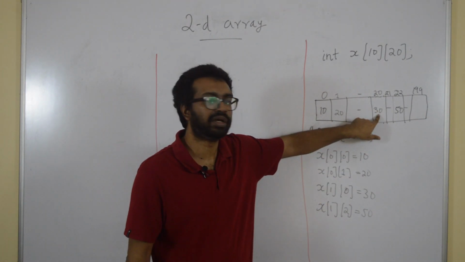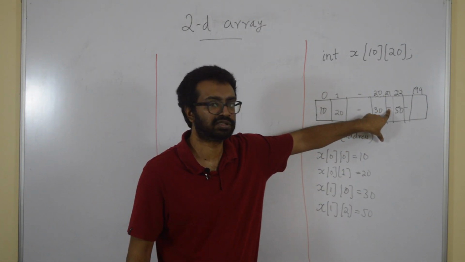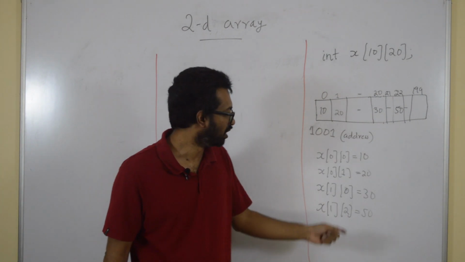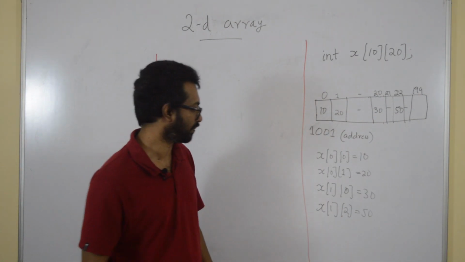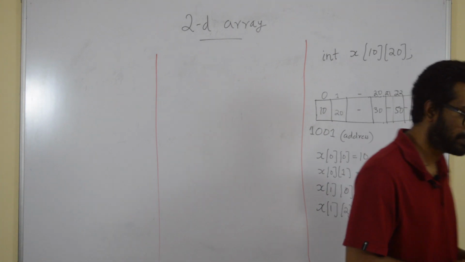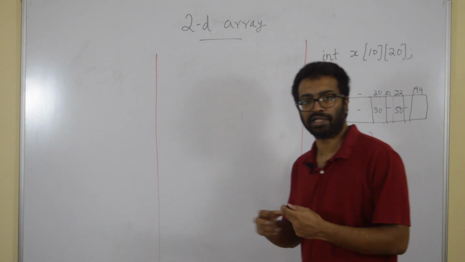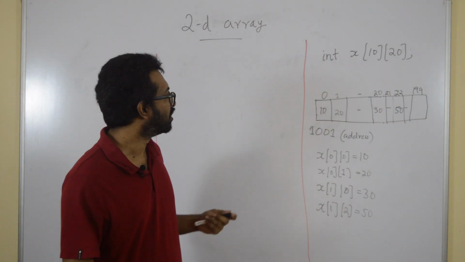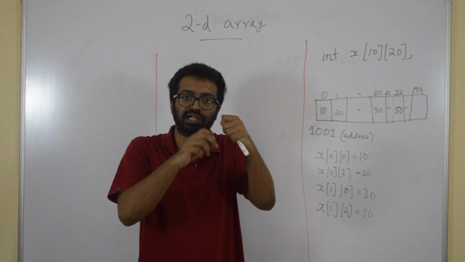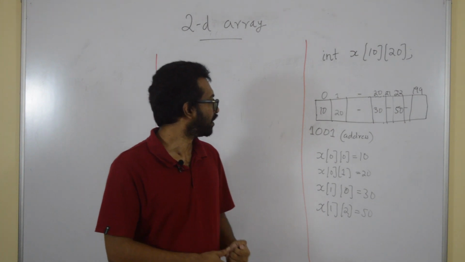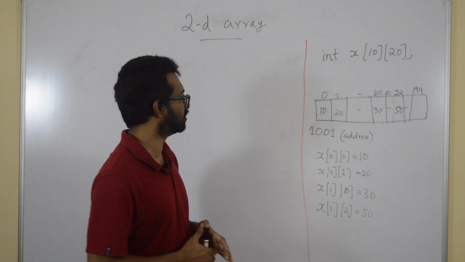This will be 1 into 20, this will be 1 into 20 plus 1, and this will be 1 into 20 plus 2. That's how you get that location. So the row number into the column width plus the column number should give me the location in the memory. Is that clear?